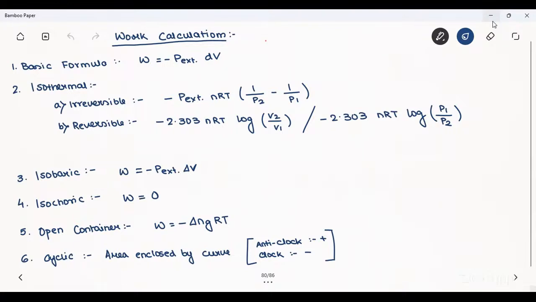So now are you gaining confidence that if we practice, we can solve? Yes or no? Yes, ma'am. Okay, so this was from my end.